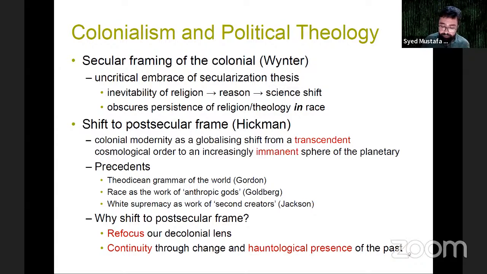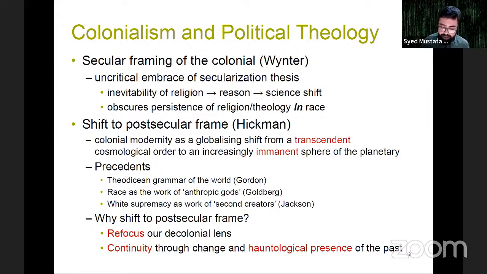On this alternative decolonial reading, rather than conceptualizing colonial modernity in terms of a passage from a religious to a secular ordering of the world, it should be understood in terms of political theological remapping and a globalizing shift from a transcendent cosmological order to an increasingly immanent sphere of the planetary.